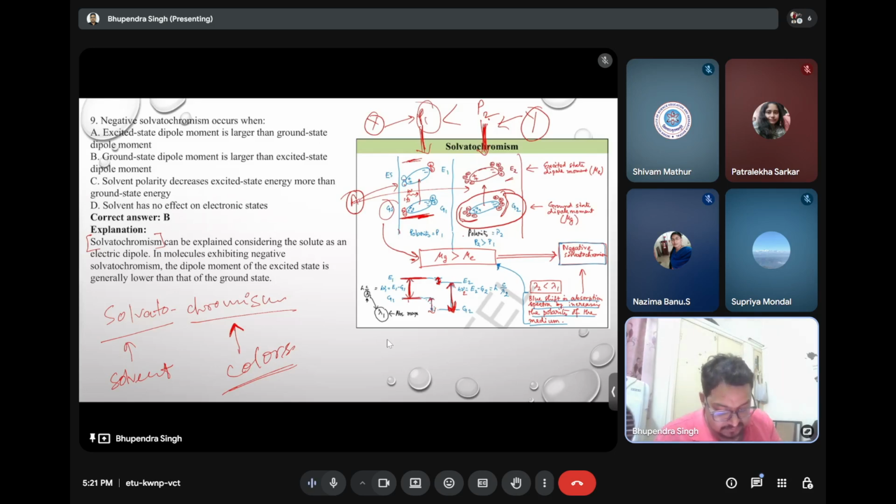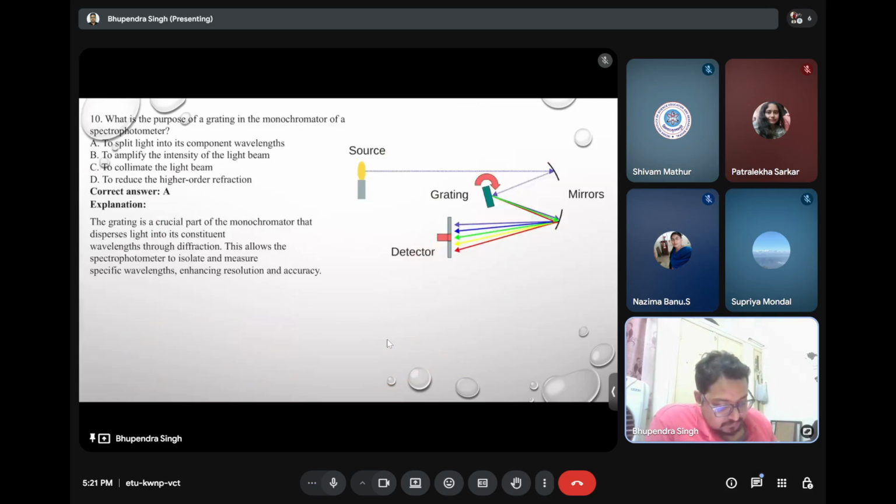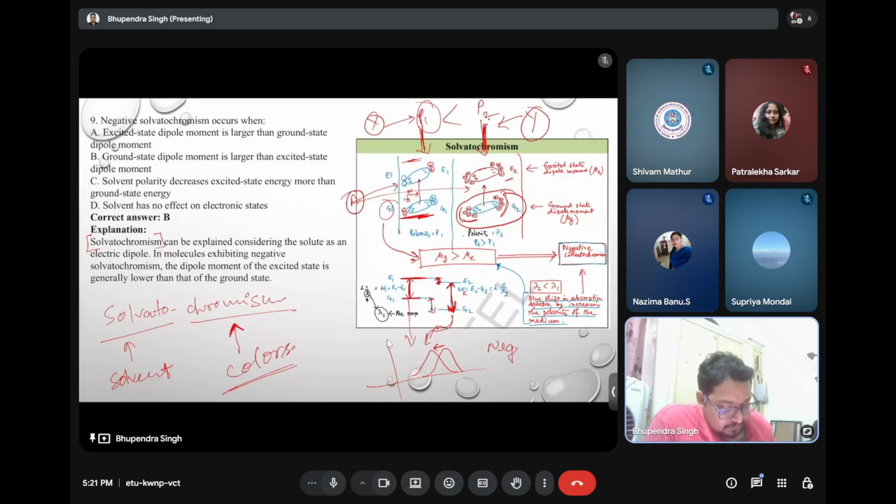In this case, if the emission is here, the emission will shift to this side. This is the full negative solvatochromism explanation, so this is your negative solvatochromism or blue shift.